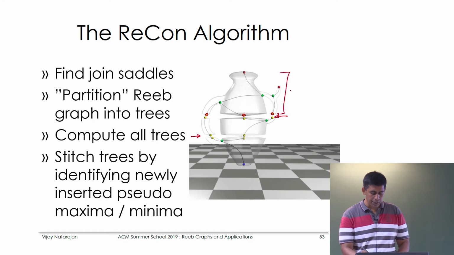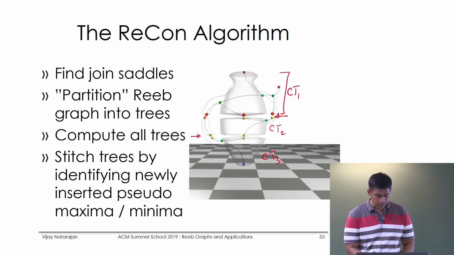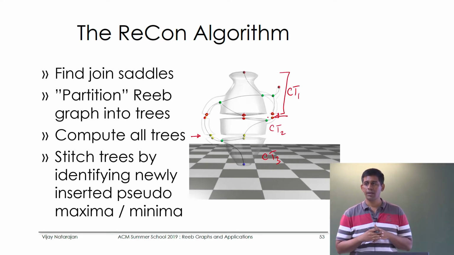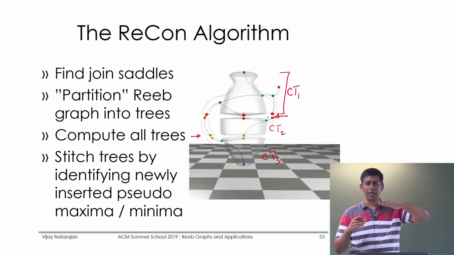So I compute CT1, contour tree 1, and I compute contour tree 2, contour tree 3. Contour tree 2 has similarly some yellow maxima due to the partition. Does that make sense? You are creating artificially a boundary, so which means that there will be a global maximum there.